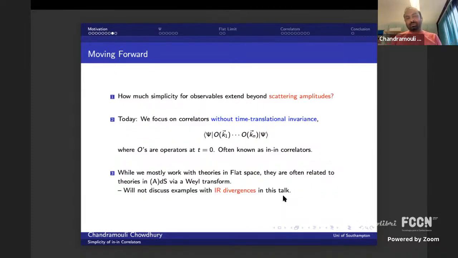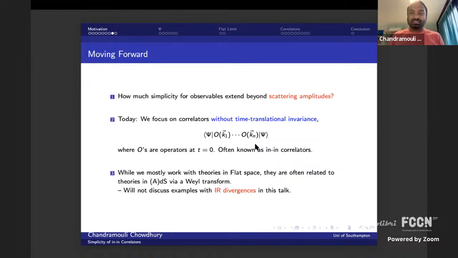So let me re-emphasize what we are going to be discussing in this talk. We are essentially going to compute one of the simplest things that we can even think of and probably have studied in our QFT course or quantum mechanics course, which is basically the computation of correlation functions with operators inserted at a given time slice. Now, this is a problem that does not have time translational invariance.